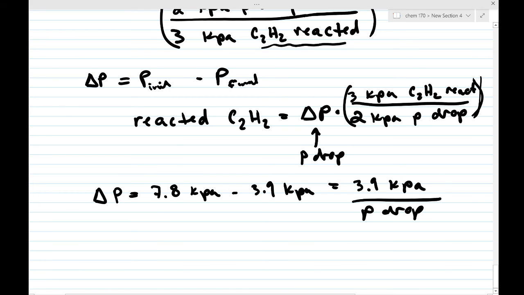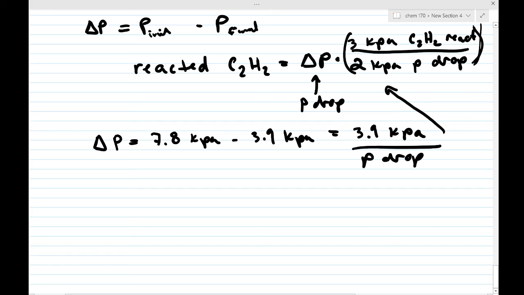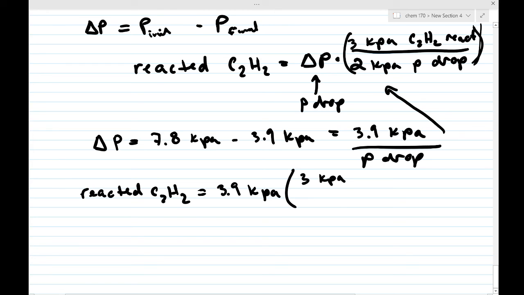We can plug this into our conversion factor and get the amount of C2H2 that has reacted. So reacted C2H2 is equal to 3.9 kilopascals multiplied by 3 kilopascals over 2 kilopascals, that's C2H2 reacted divided by pressure drop.